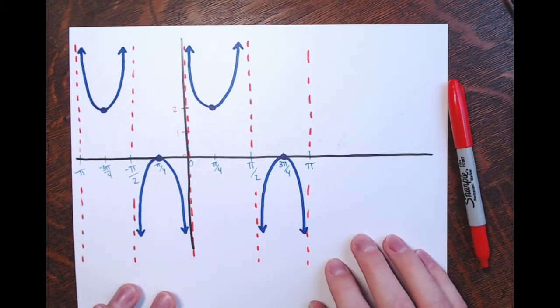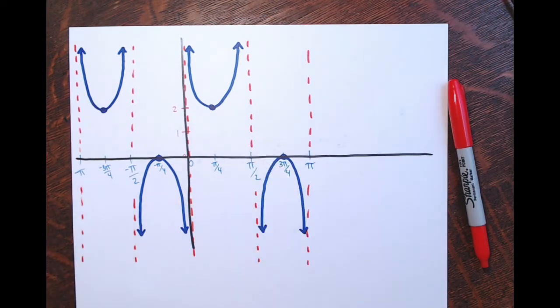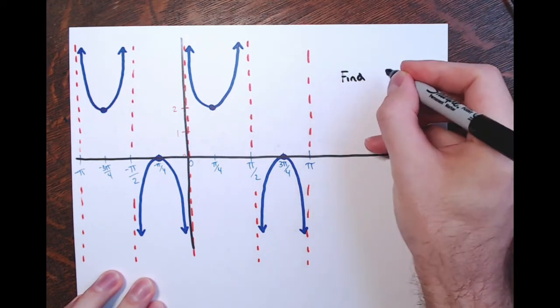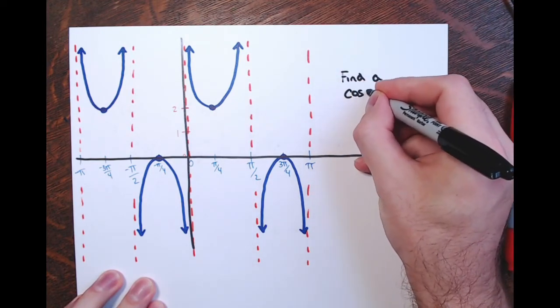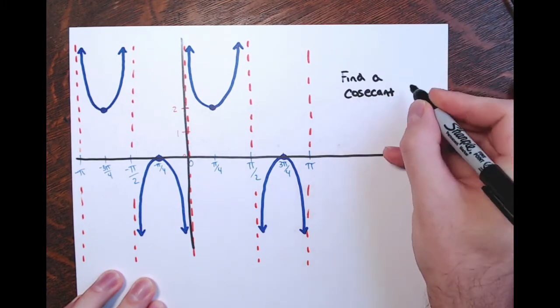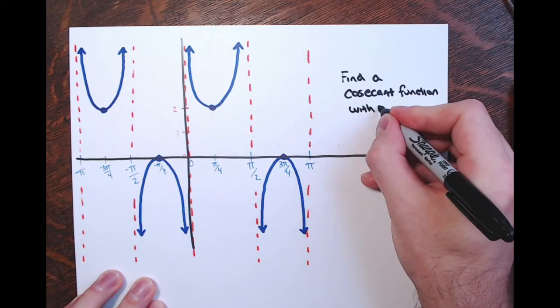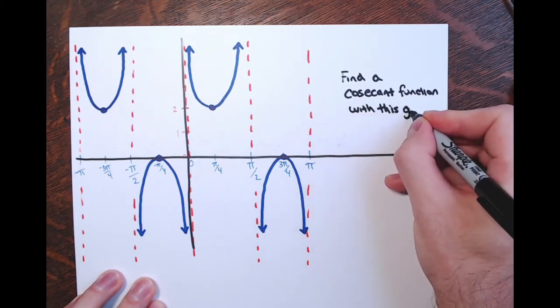And I'm asked to write an equation for this. Find a cosecant function with this graph, is what we're asked to do.